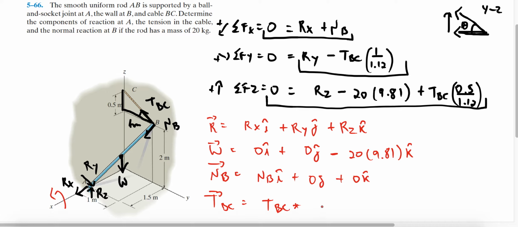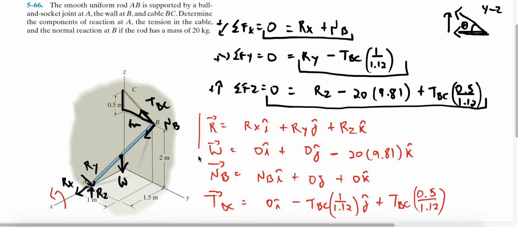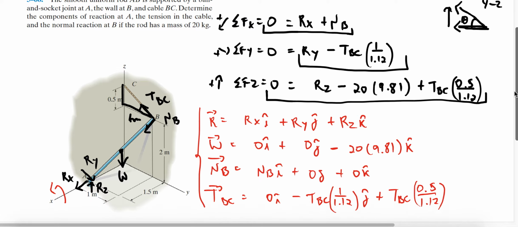In the i, there's no component in the x direction, minus TBC magnitude times 1 over 1.12 in j, plus TBC times 0.5 over 1.12. Cool.